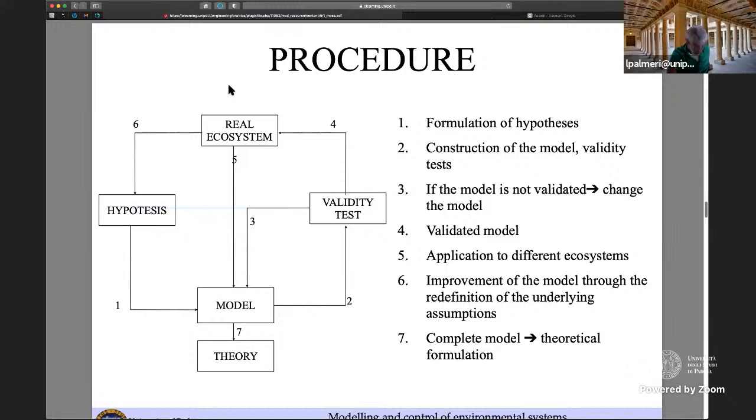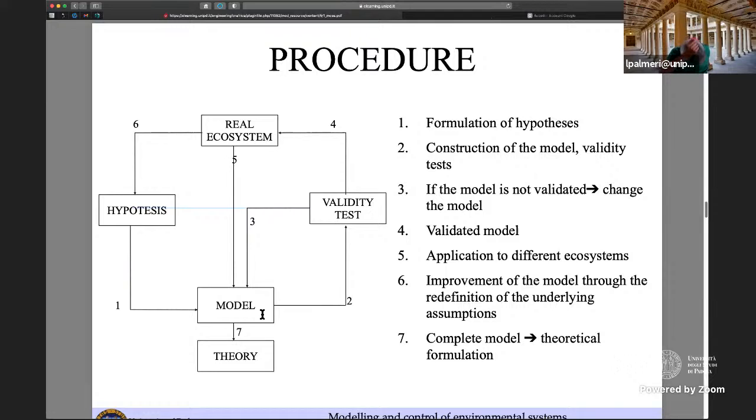So you see, this is a kind of cyclic procedure. Once we have an approved, validated, satisfying model of the system, then we have built an important tool, what we may call a complete model, that may allow us to go further onto theoretical formulation.